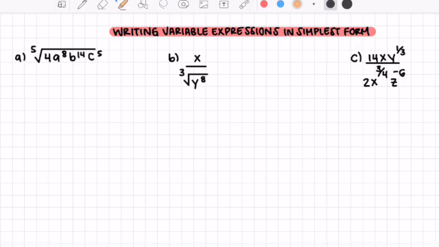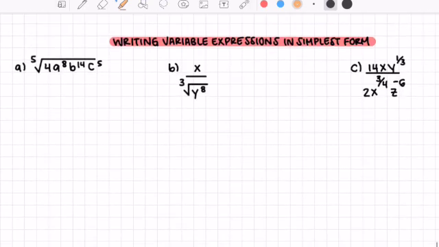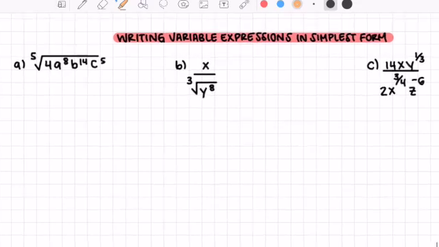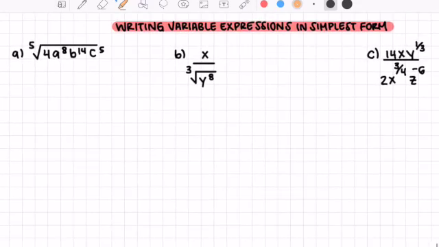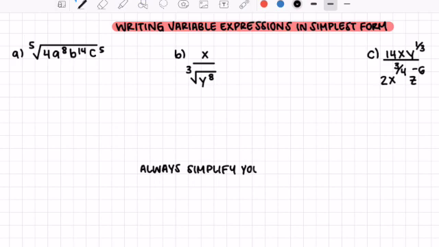So, writing variable expressions in simplest form. So let's start off with the first one. Again, the biggest hint that I can give here is that no matter what, and I'll write it here, always simplify your radicals.